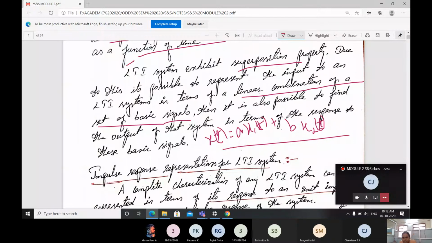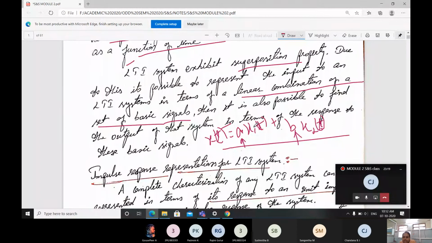A linear combination combines both signals, x1 of t and x2 of t, with weighting parameters a and b, which we call coefficients. When we go into further topics, we will learn what these a and b are. If I add these different signals, I should get a signal which is also linear. That is a linear combination of a set of basic signals.